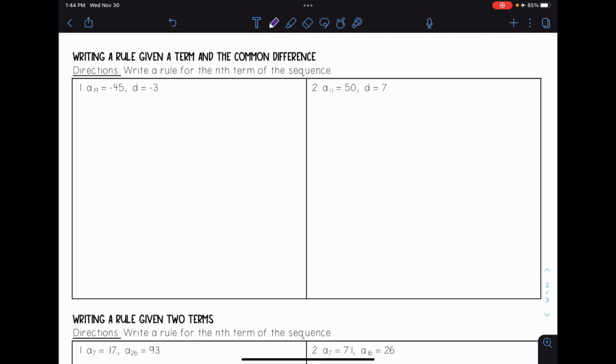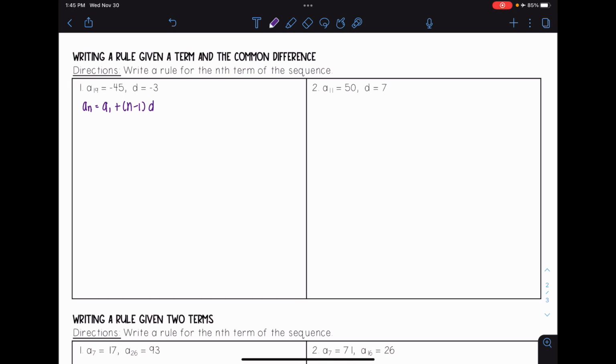And so using my rule, so I have an is equal to a1 plus n minus 1 times d, I can go ahead and start plugging in information I have. So first I have that a19 is negative 45.